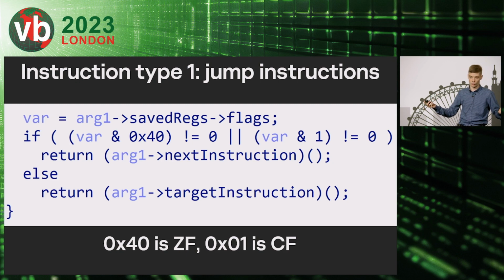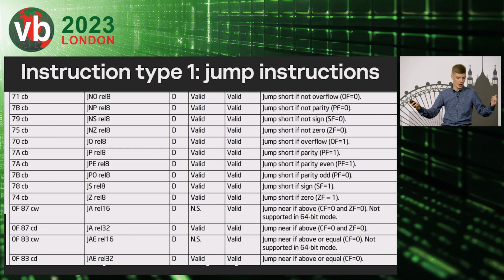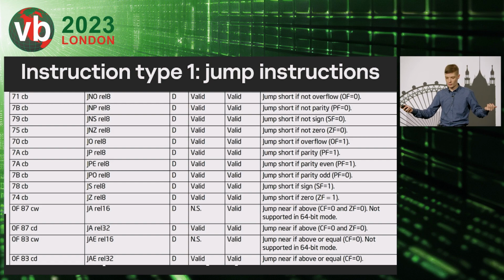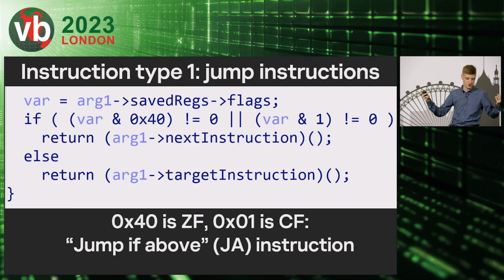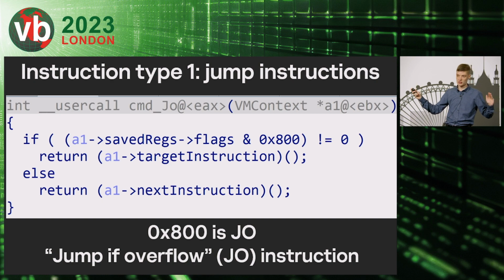To find out what this condition means, we can consult the same manual. We have various conditional jumps in the Intel architecture, and by consulting this table, we can find out that this is a jump-if-above instruction. Now, there are more instructions of the same type. Here's one comparison, jump if not 0, and this one is jump overflow.